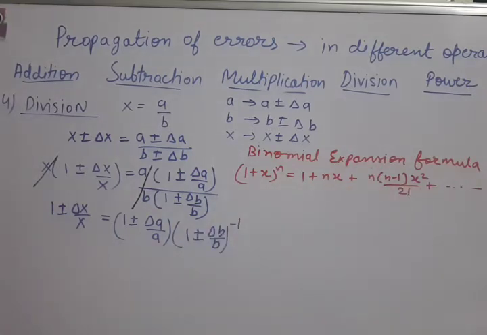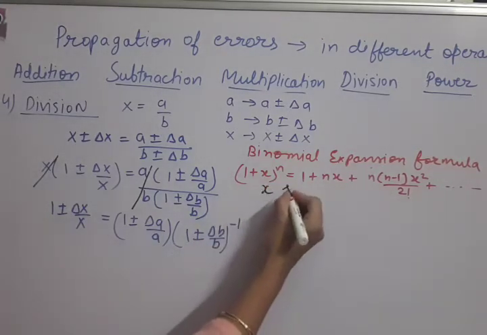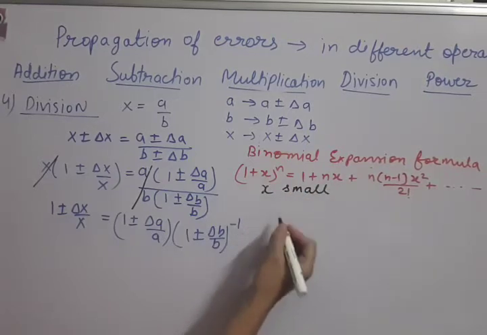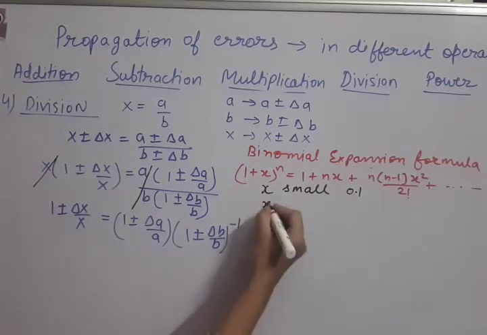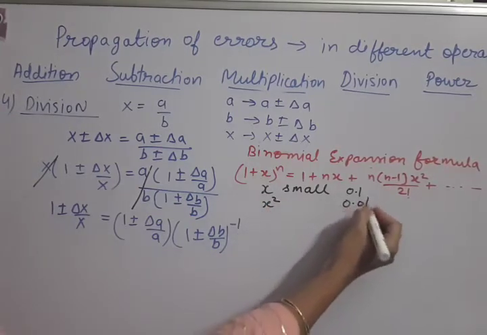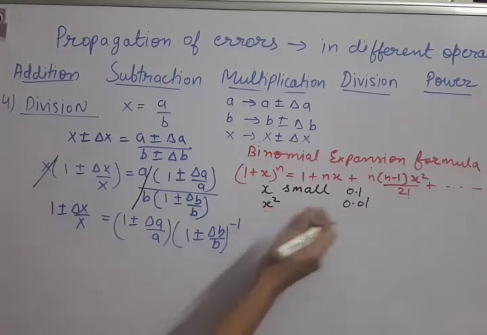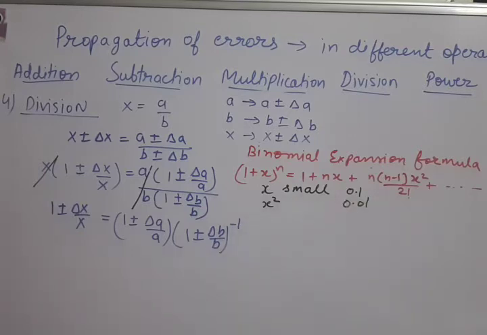So what we can do now, if x is small, x is small means suppose 0.1, then x square will be 0.01. In the same manner, x cube will be further less.